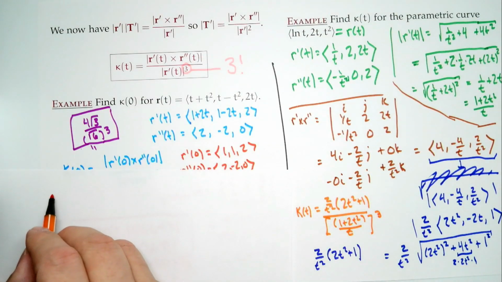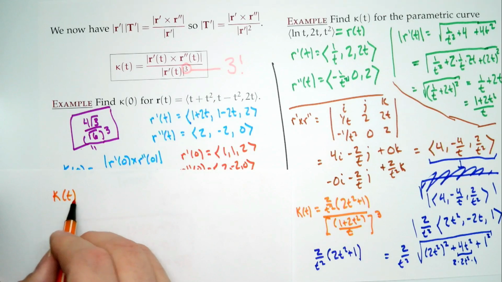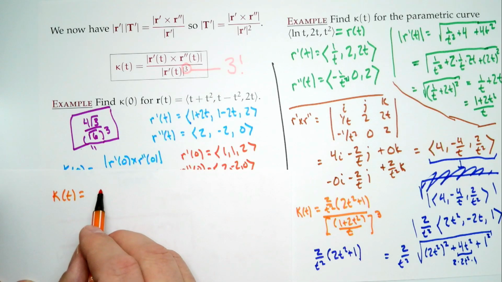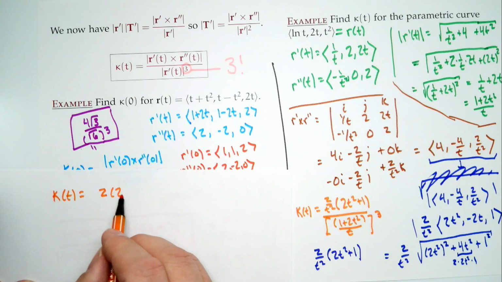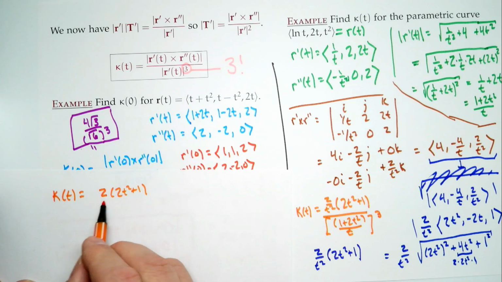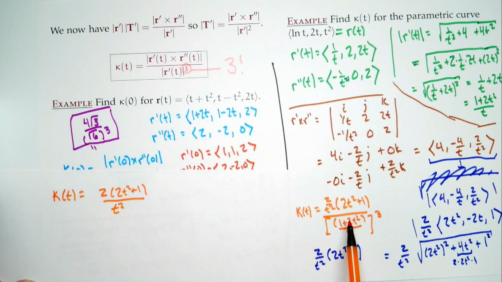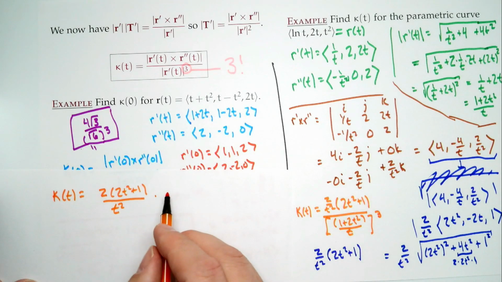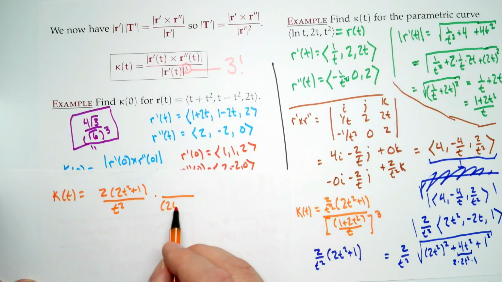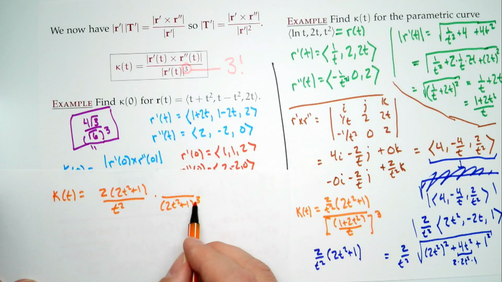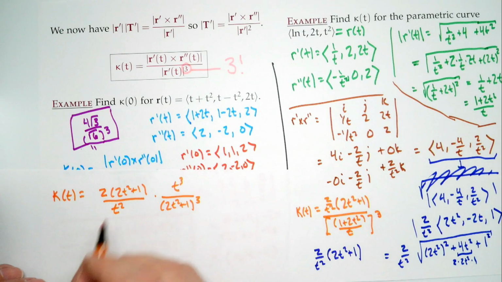So let's just see how far we can go with our kappa. So we have a 2 times 2t squared plus 1 over t squared. That's the numerator. This denominator, I'm going to write this as 2t squared plus 1 quantity cubed and a t cubed on top, because I'm flipping it. So I'm bringing it up and flipping it, and then I cubed everything. And now what happens? We get lots of cancellation.